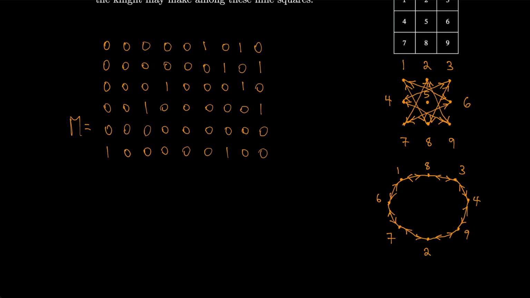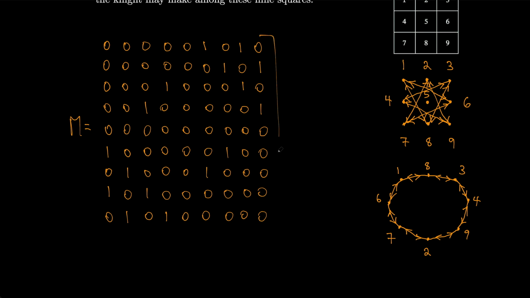And 7 goes to 2 and to 6. And 8 goes to 1 and to 3. And then we just have 9 going to 2 and to 4. Okay. And there's our vertex matrix.